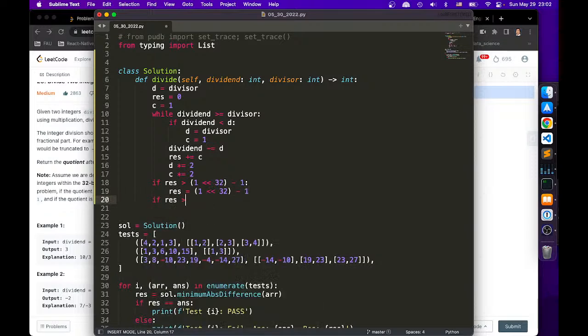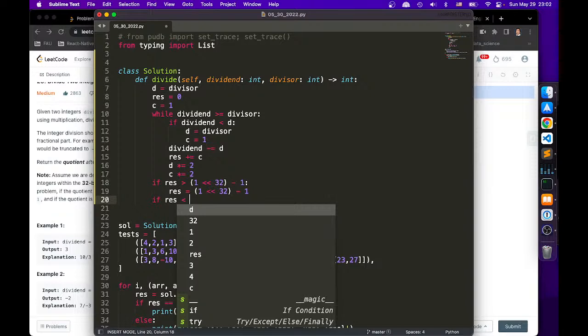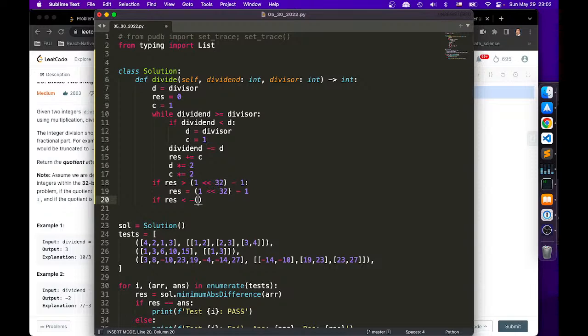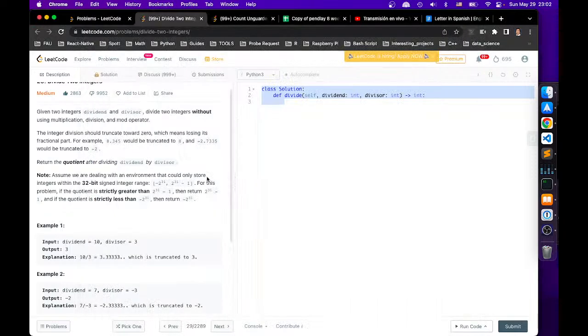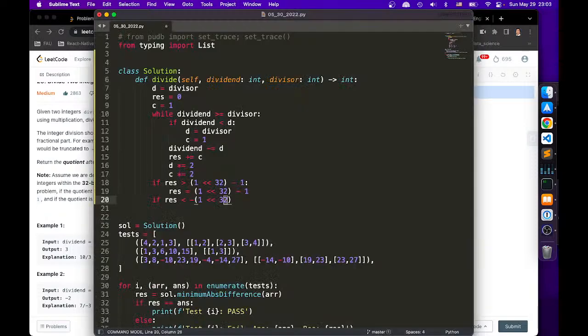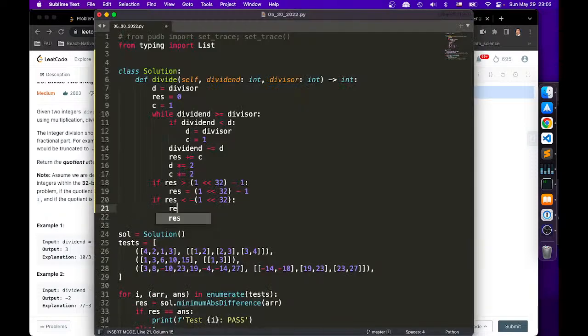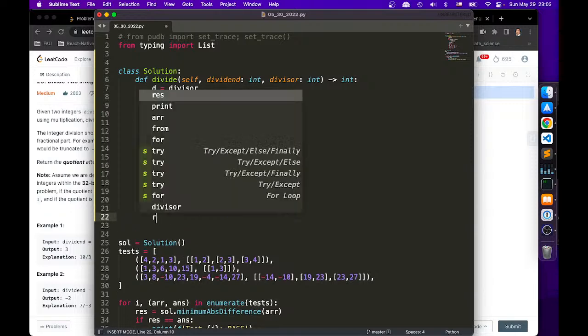If res is smaller than, let's say, minus 1 left shift 32. Right, that's what it's strictly less than. Then res equals to minus 1 left shift 32. And then we're going to return res.